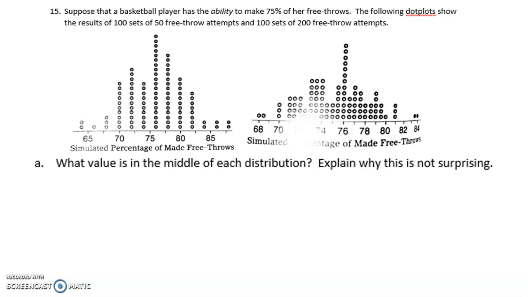Well, if you look in the middle, you could count and find out about where 50 is, but 50 for the most part is going to be somewhere in here. And for this one, 50 would probably be somewhere around here. Well, we said her ability was 75%, so it's not surprising because it is close to her ability.